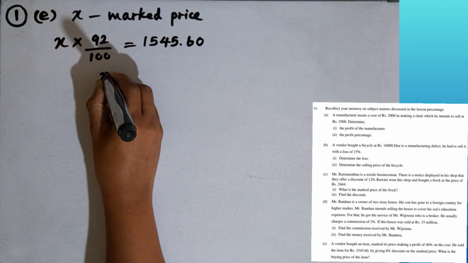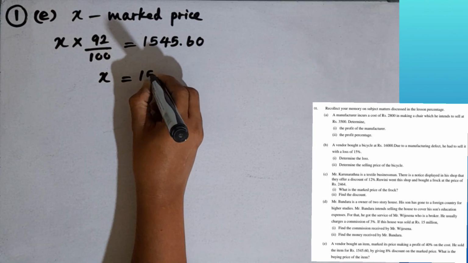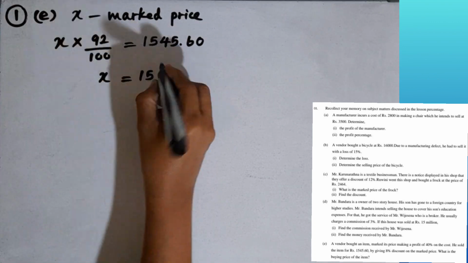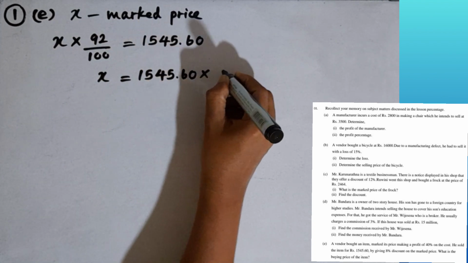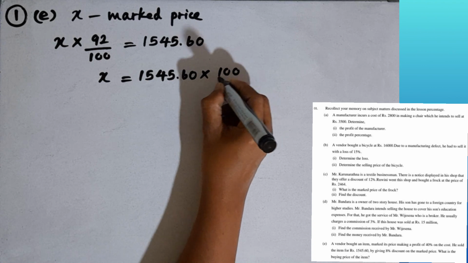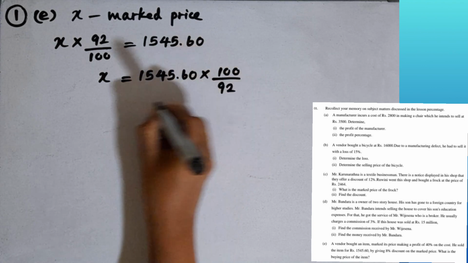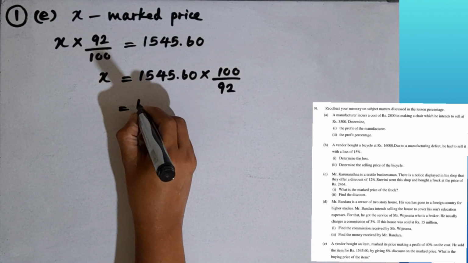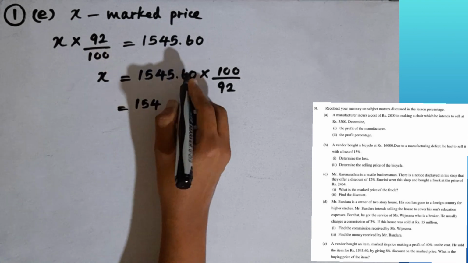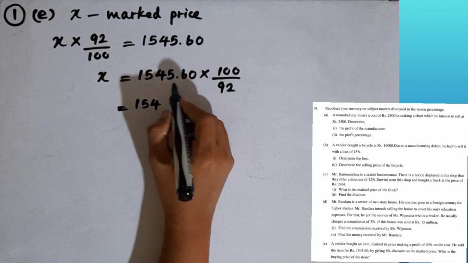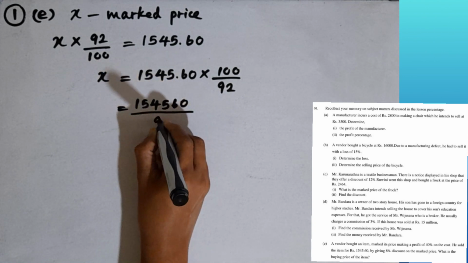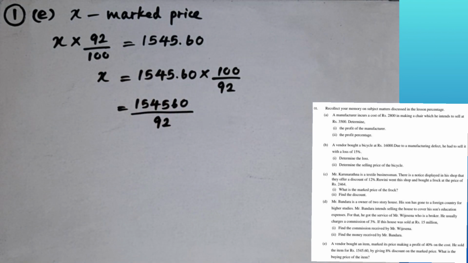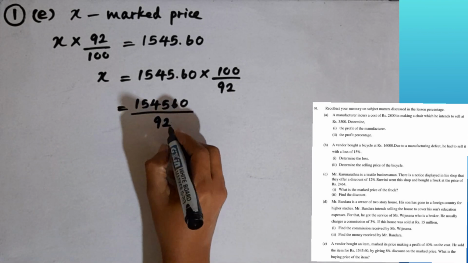Then X can be found by multiplying this value by the reciprocal of this fraction, 100 over 92. If you multiply this decimal number by 100, you get this value. Divide by 92. Then what is the value you obtain here?